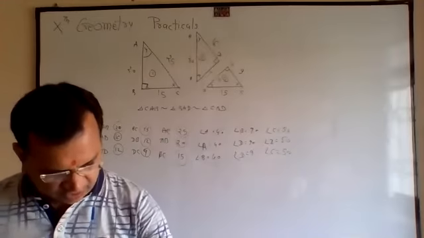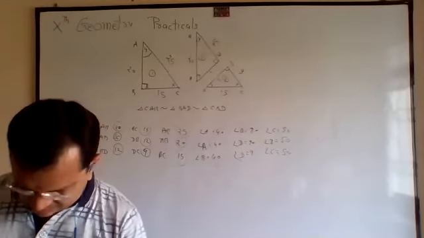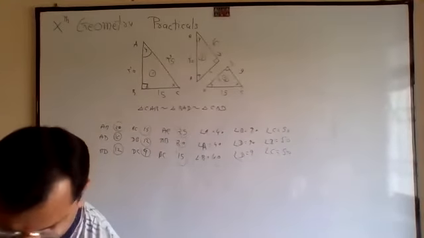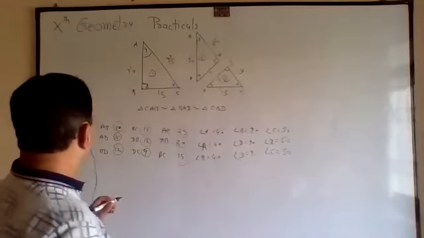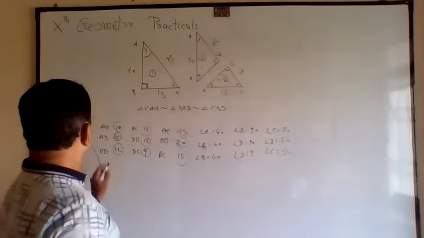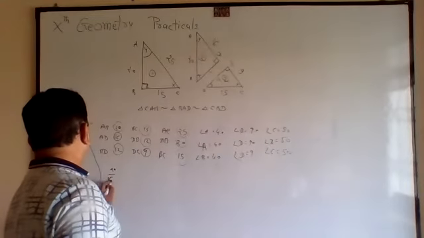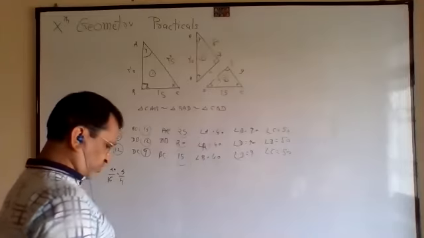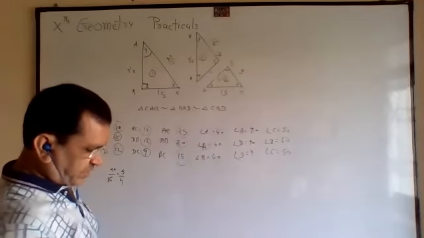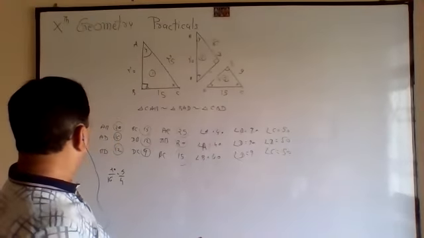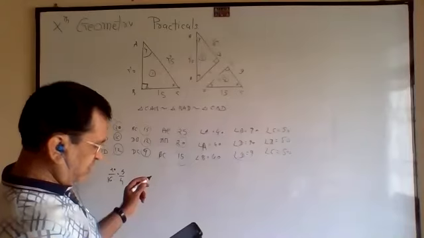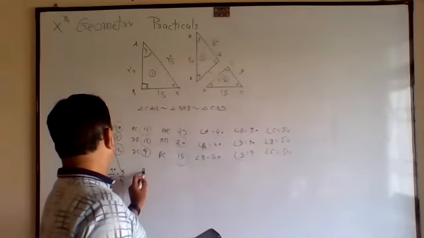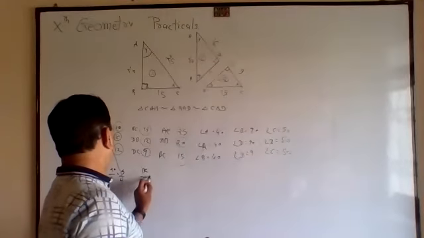Next column, they've asked BD by AD. BD by AD, 20 by 16, 5 by 4. Then BC by BD.